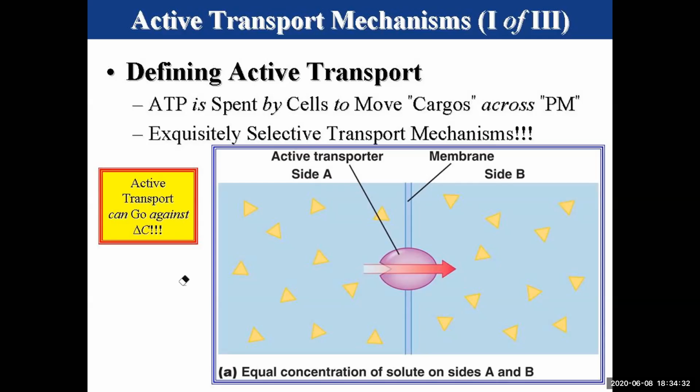Active transport mechanisms always require cellular energy, always require transmembrane protein at the cell membrane. And the driving force here is ATP or cellular energy. An active transport mechanism can go against the concentration gradient of the solute being transported across the plasma membrane.